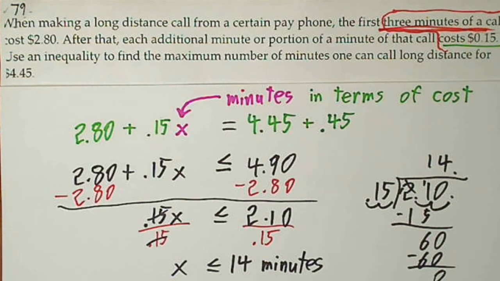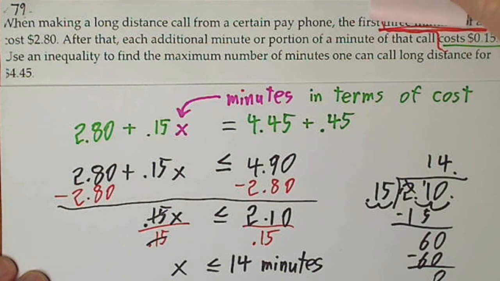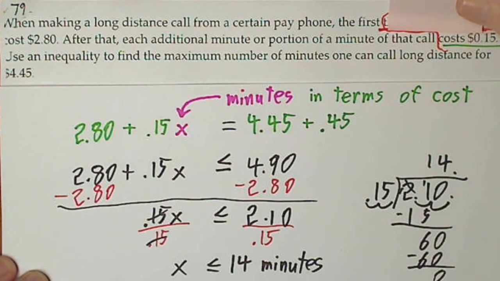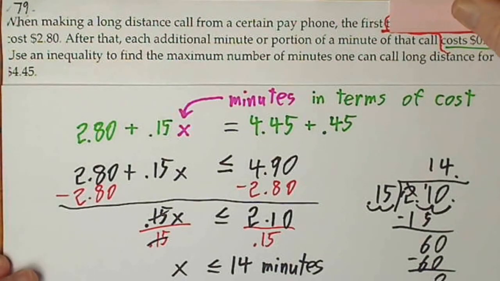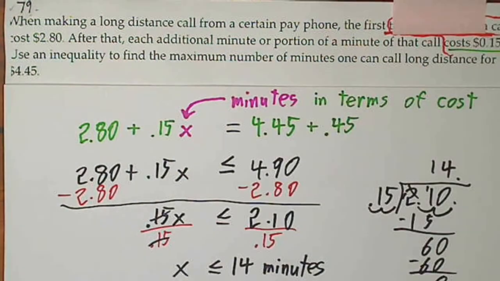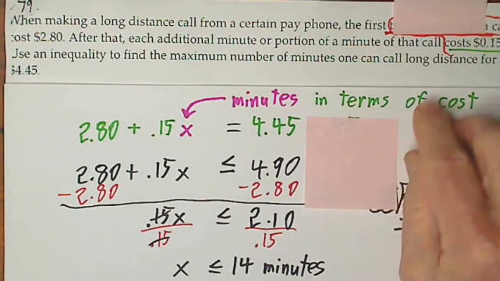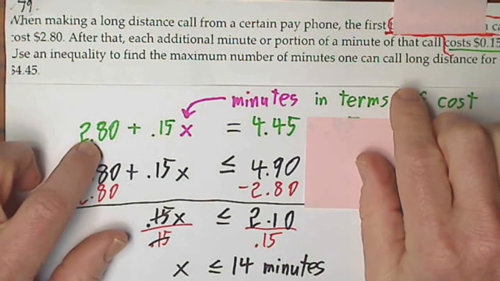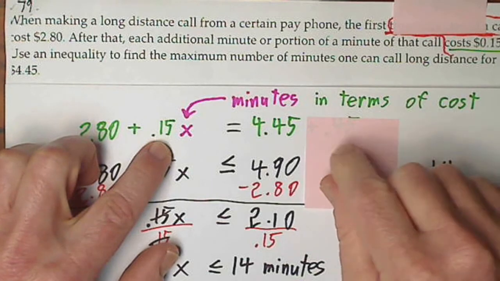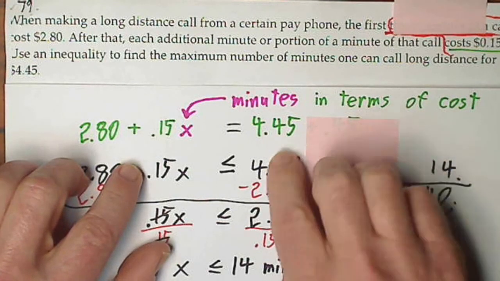And I'll back up just for a second. If you're having a real hard time seeing this first 3 minutes of the call, which turned into that 45 cents, just imagine if you got no time. They just said, hey, look, when you make a phone call, it's going to cost you $2.80 plus 15 cents a minute. If I cover this up, and think about it, if they're going to charge me $2.80 but not give me any time, and then 15 cents a minute, it's going to come out to $4.45.